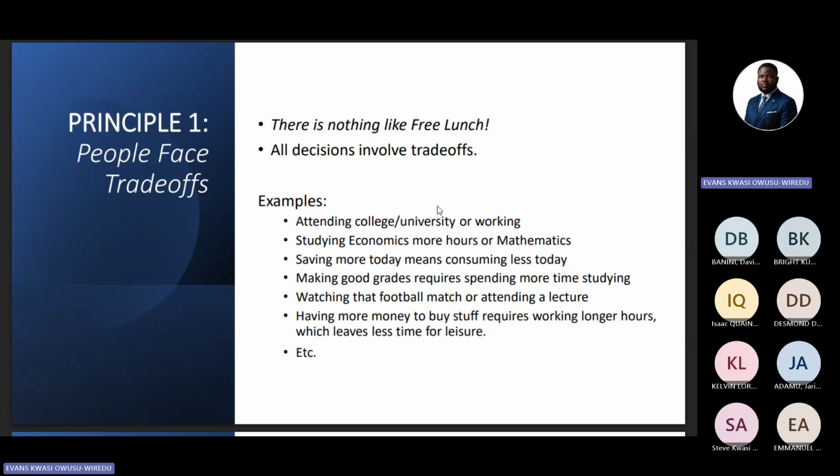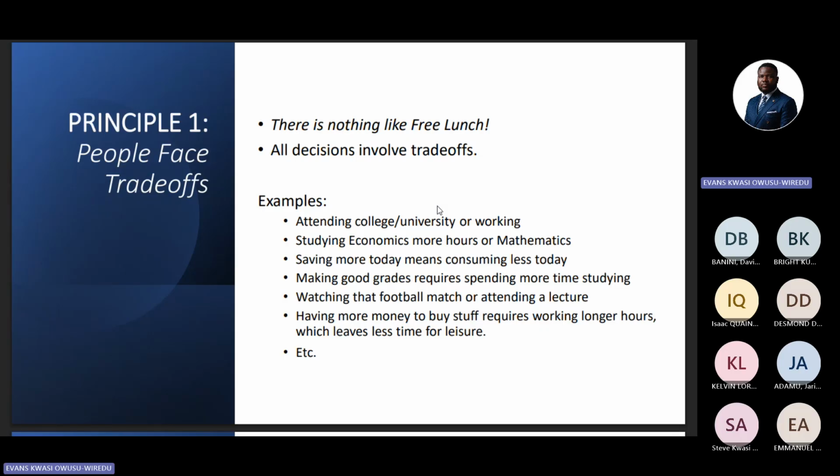Building on our first point, you realize that we looked at people's lives and the kind of decisions they were making. So we are going to look at the first rule of how we live our lives, especially here in Ghana.